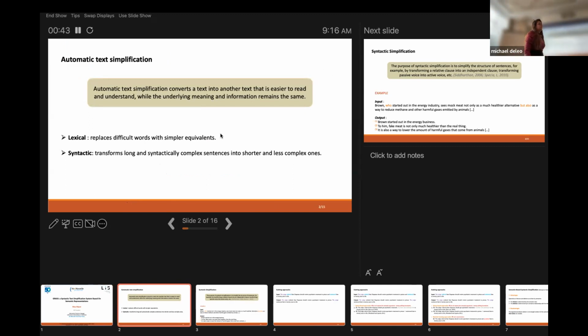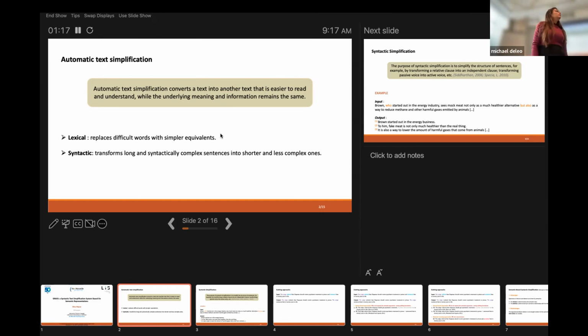Text simplification is the task of converting a text into another, equivalent, simpler text without changing the meaning. So I have a text that contains some difficulties. The main goal of text simplification is to transform this text into a simpler one without changing the main ideas.